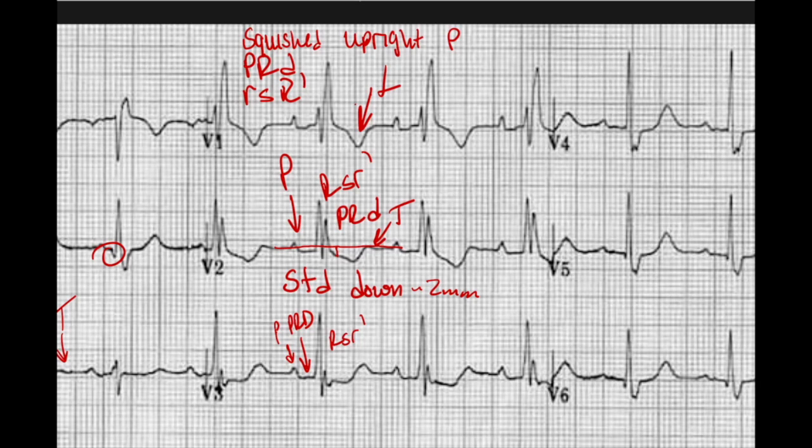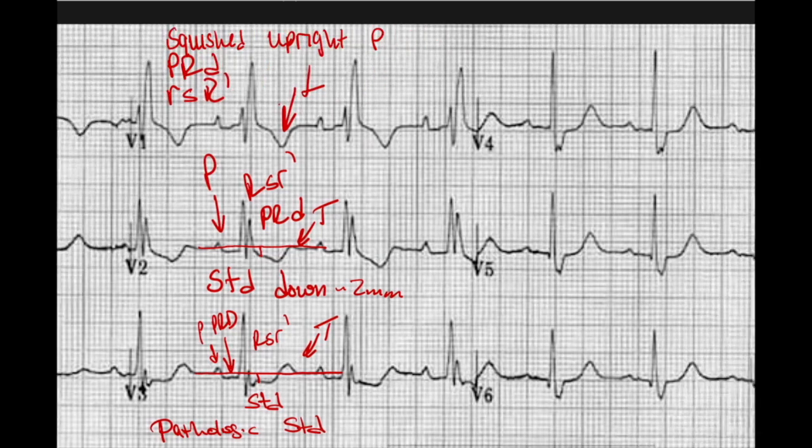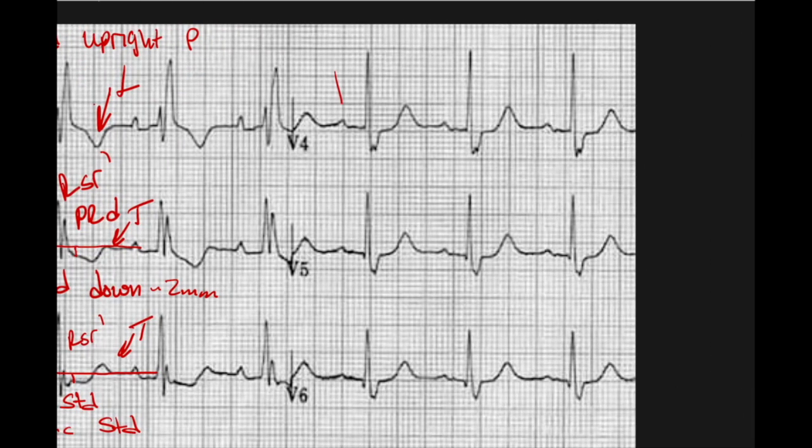And if we draw a baseline, we do have some ST depression. So now we have a little bit of pathologic ST depression. But our T wave is upright as we would want it to be. Moving on to V4, we see we have our P wave.